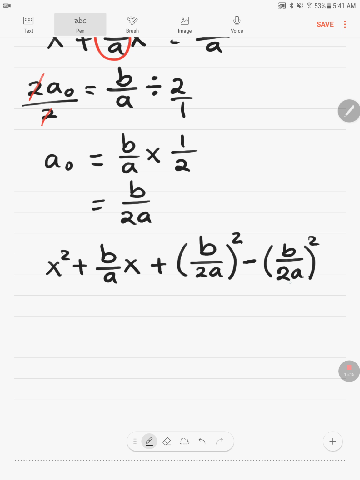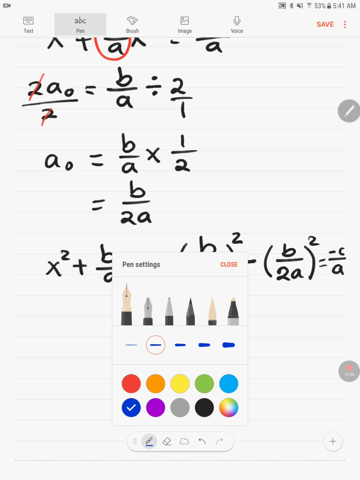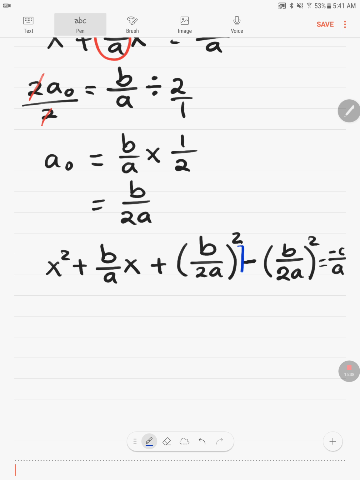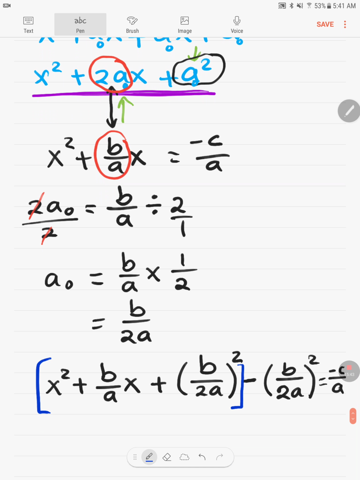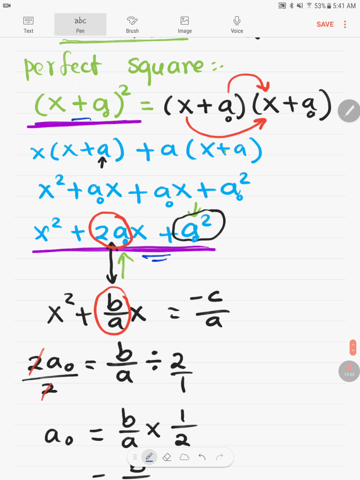So we add the same thing and we subtract it. It will be just adding a zero to this, and adding a zero doesn't change the equality. Minus c over a. Therefore, by comparing this quantity to the perfect square, we get that this here could be compared to this, and it could be rewritten in this form here.